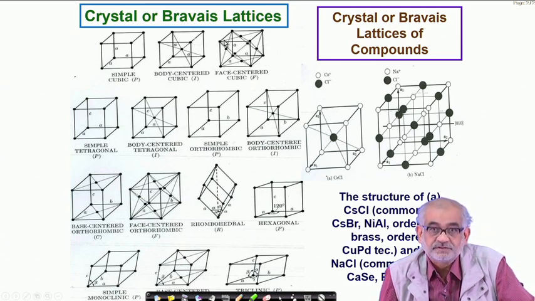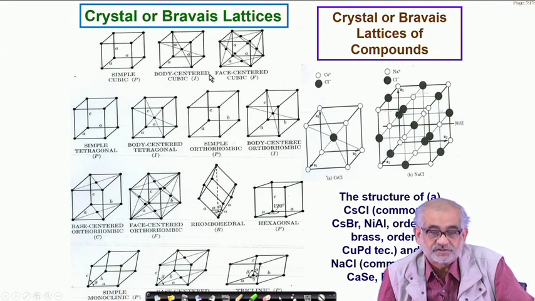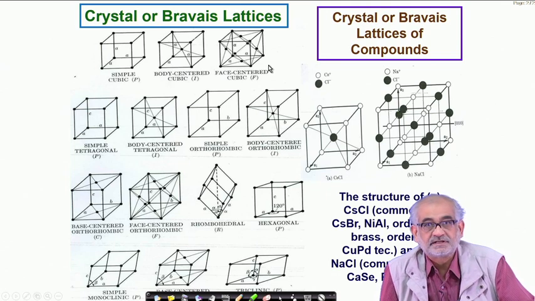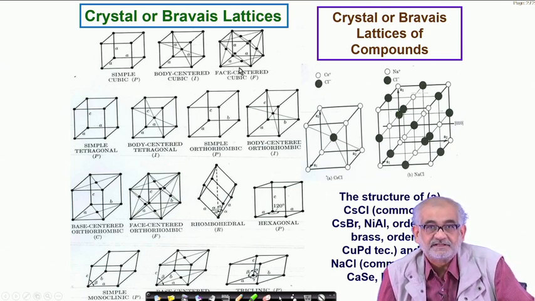When you allow species to occupy these non-primitive sites, then you actually add 7 more possibilities. So in the process now we have 14 possibilities in which these individual atoms or ions can arrange themselves and then manifest in 3-dimensional structures.